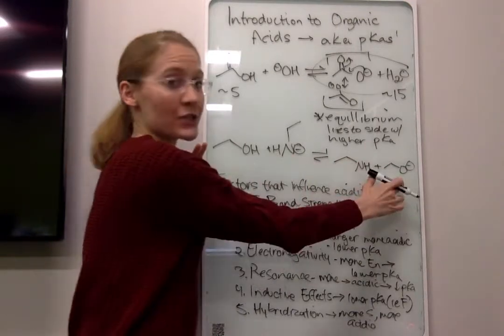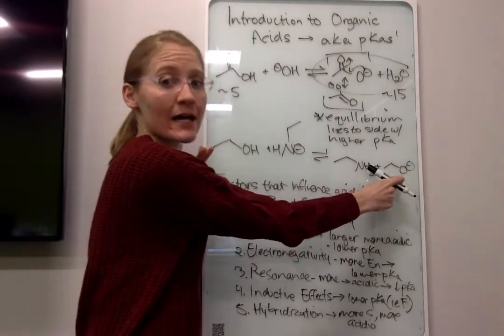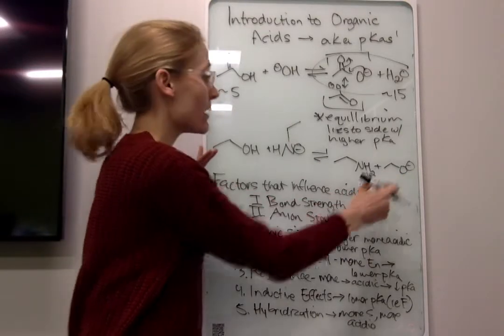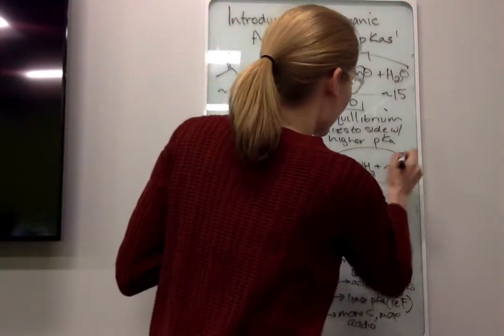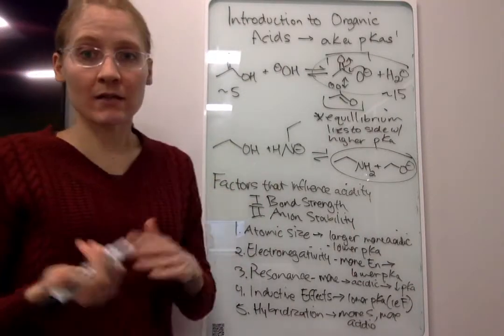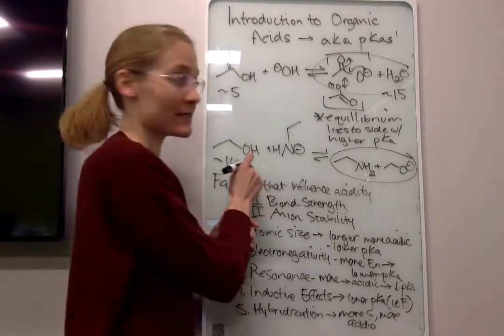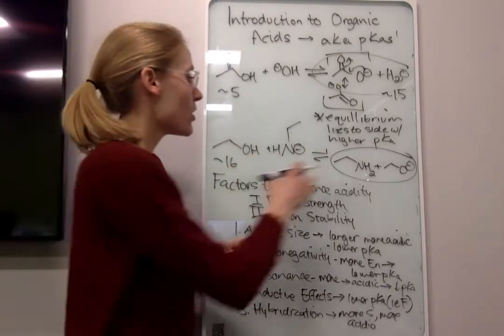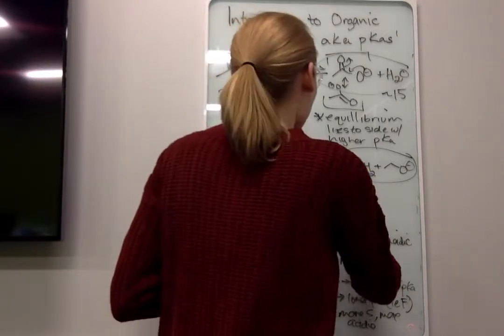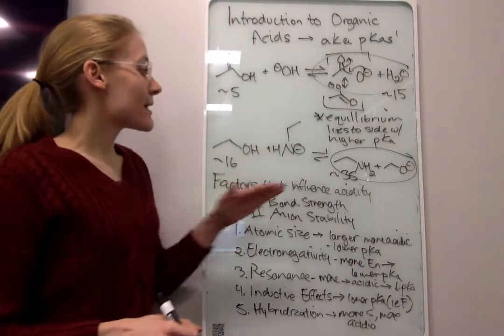Oxygen is more electronegative than nitrogen, so this anion is going to be more stable, and so equilibrium will lie over here. And if we look at pKas, this is going to be predicted there. The pKa of this is about 16, alcohols are about 16, whereas amides have a pKa all the way up at around 35.